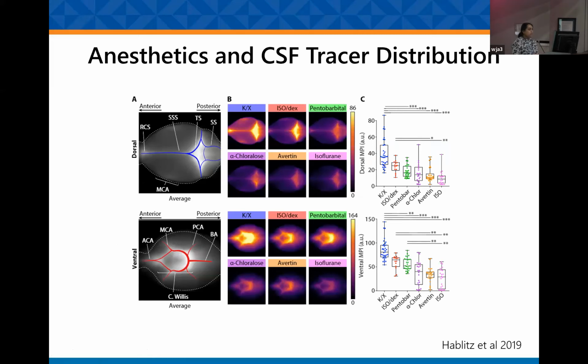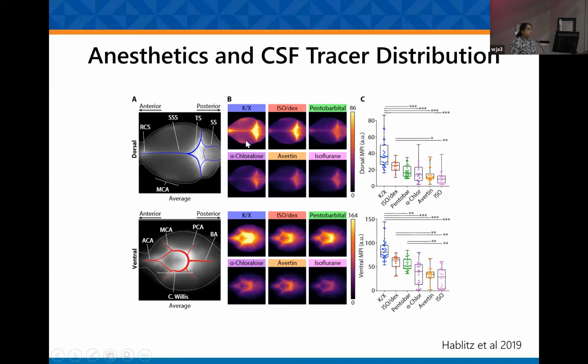So in this experiment, they looked at anesthetics and CSF tracer distribution. They tried 6 different types of anesthetics: ketamine with xylazine, isoflurane with dexmedetomidine, pentobarbital, alpha chloralose, avertin, and isoflurane.